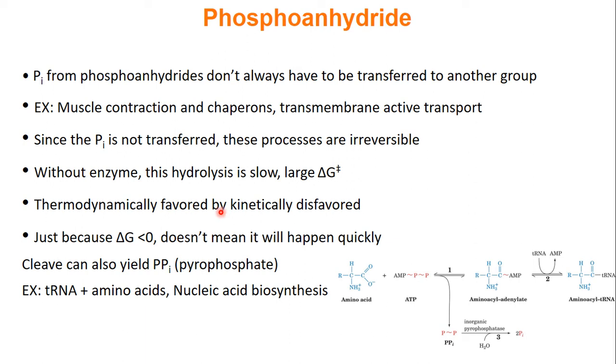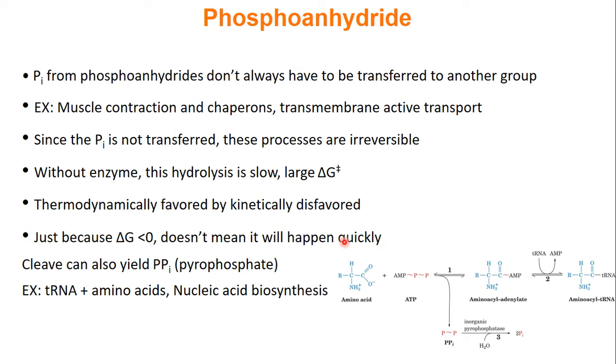That means that even though delta G is very negative, that does not mean that it actually happens fast. And I want you to remember that point. Just because delta G is negative does not mean it will happen in your lifetime. It just means that it is spontaneous at some point.